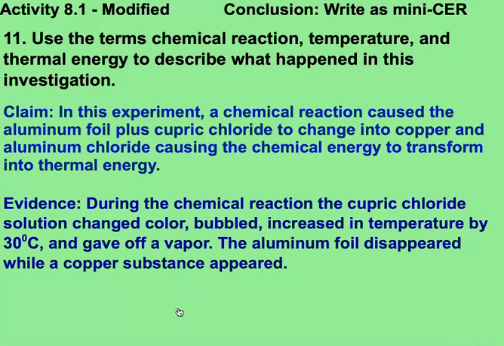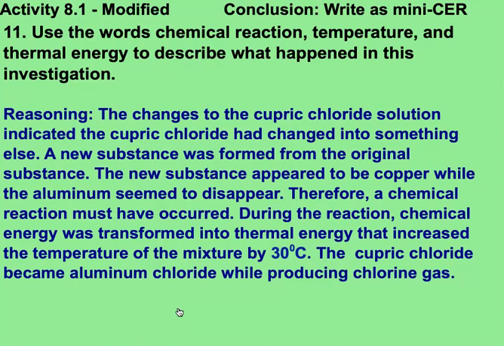My evidence was, during the chemical reaction, the copper chloride solution changed color, bubbled, increased in temperature by 30 degrees Celsius, based on my average data, and gave off a vapor. The aluminum foil disappeared while copper substance appeared. And then my reasoning statement would be, the changes to the copper chloride solution indicated the copper chloride had changed into something else. A new substance was formed from the original substance.